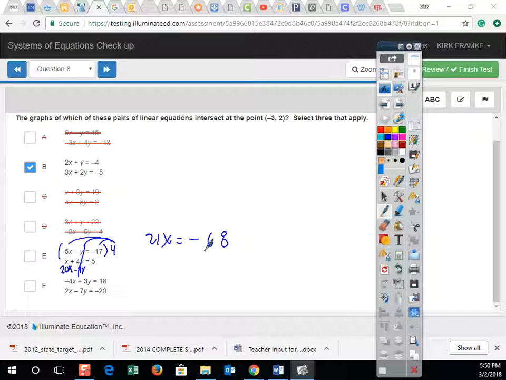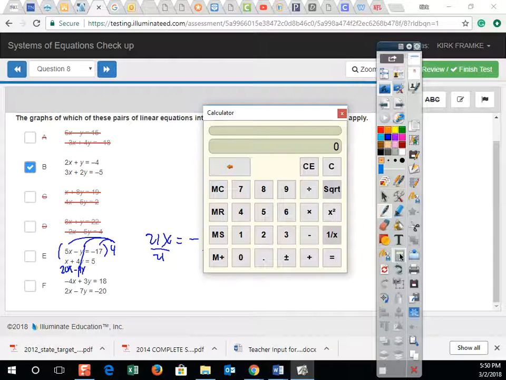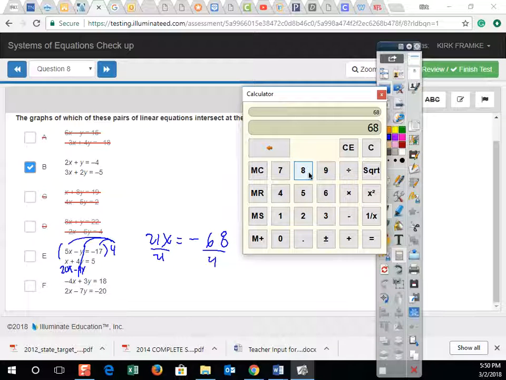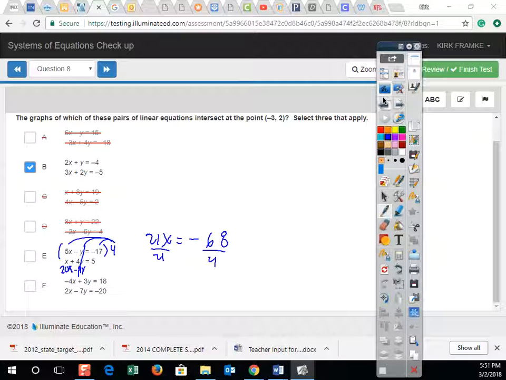All right, so divide by 21, divide by 21. I don't think that goes in evenly. Nope. I'm just going to double check my math is right. 17 times 4. Yeah, all right. No such luck.